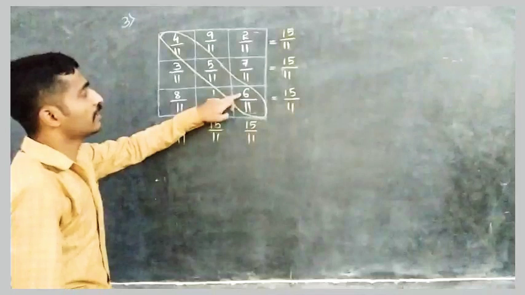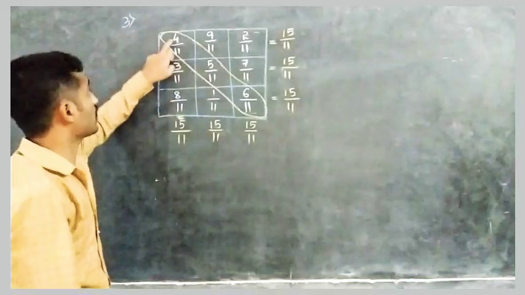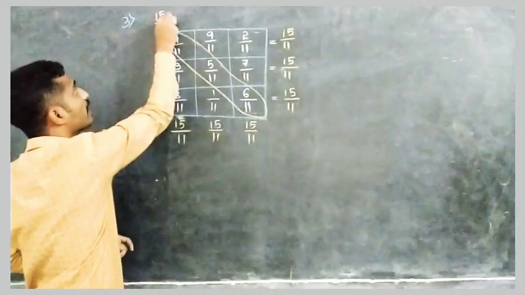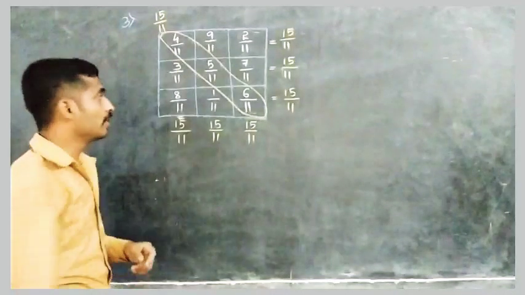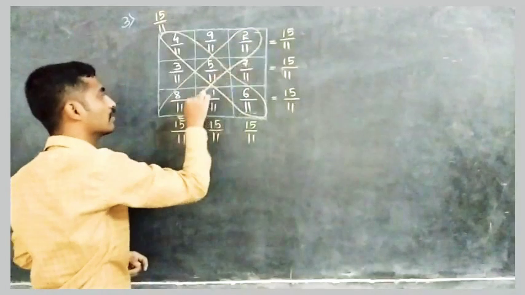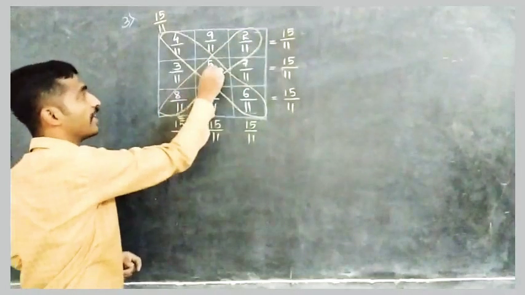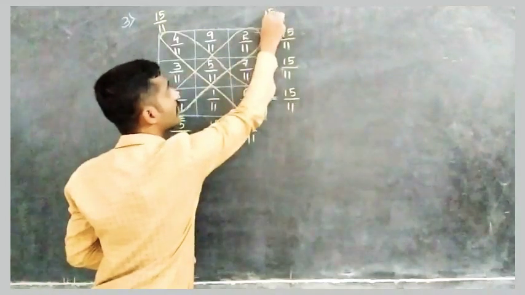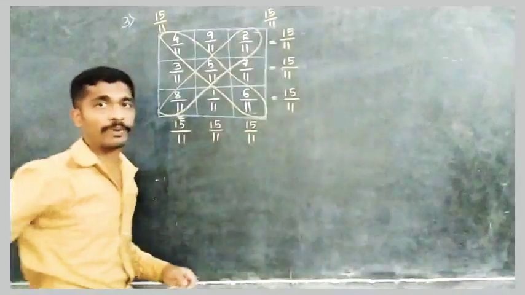Okay, so here 6 plus 5, 11, 11 plus 4, that is 15. So 15 by 11. Now here, this corner: 8 plus 5, 13, 13 plus 2, 15. So here also we are getting 15 by 11.